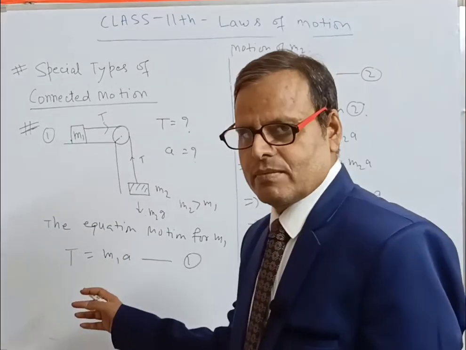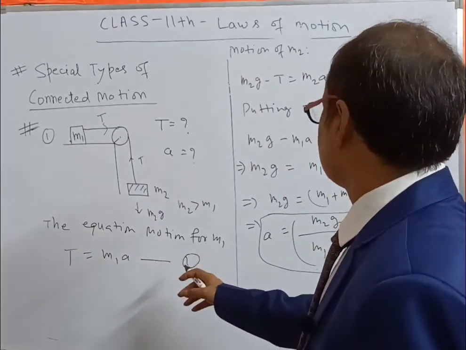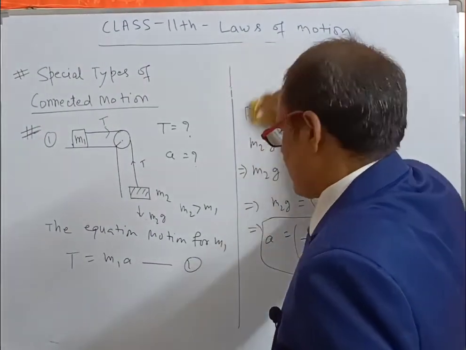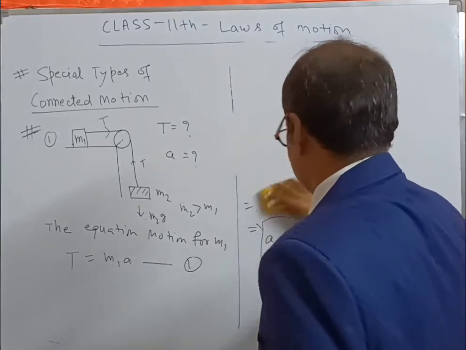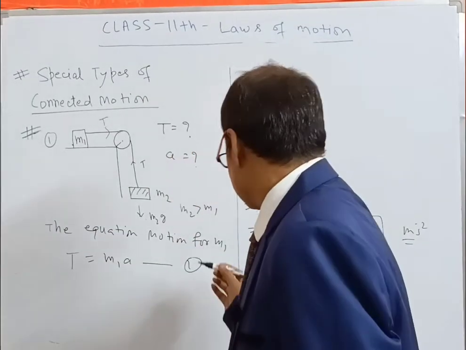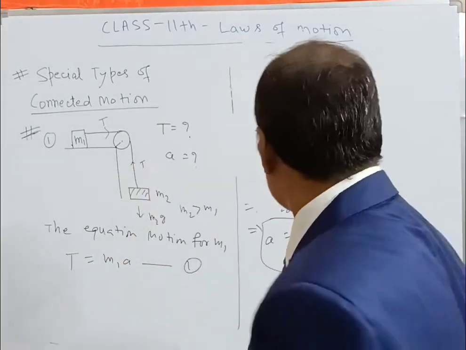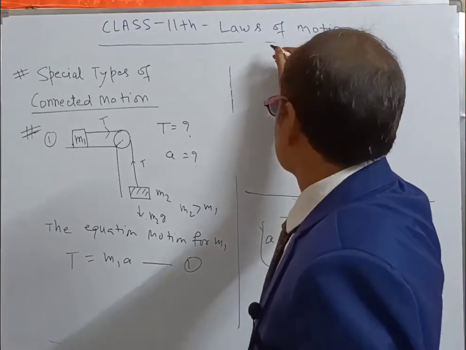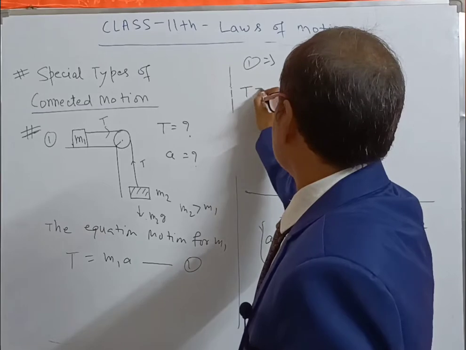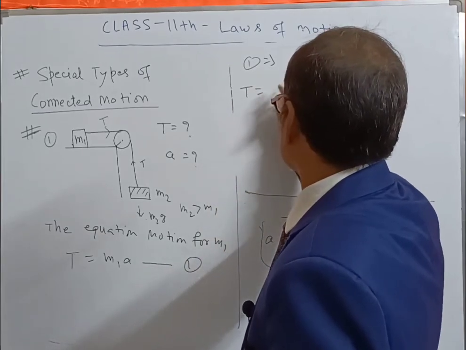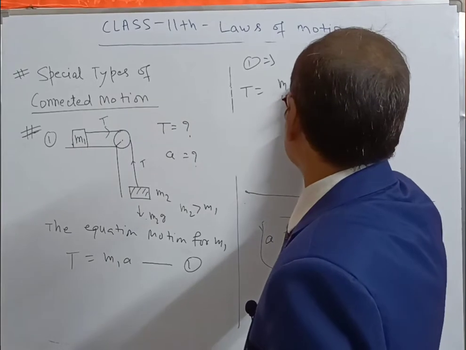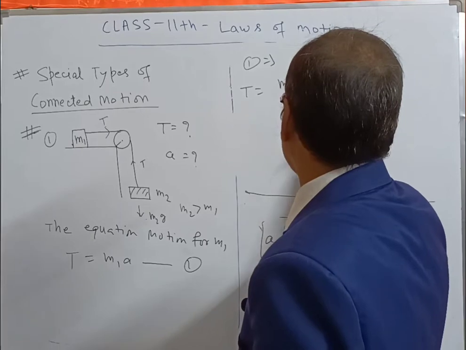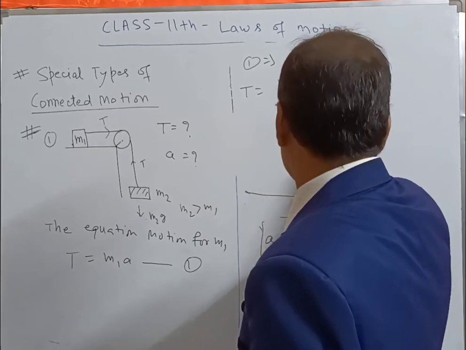We can find T by putting the value of A in equation number 1. So from equation 1, T is equal to M1 into A, where A is M2G divided by M1 plus M2, so T is equal to M1 M2 G divided by M1 plus M2.